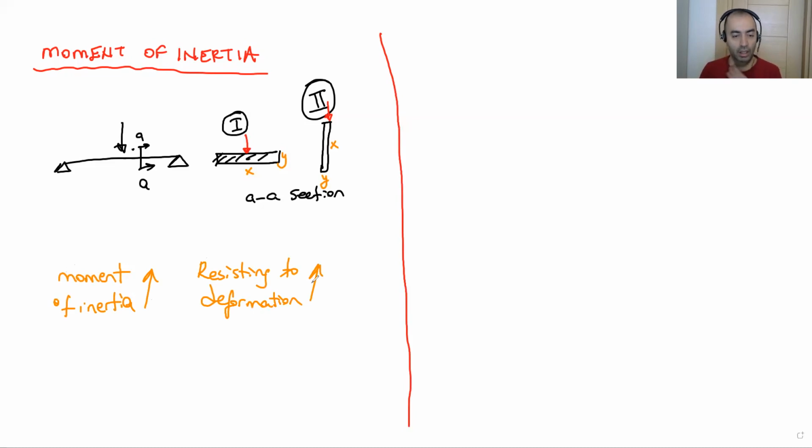Yeah. If our deformation resistance increases, you can use this concept in your structural design. Nobody wants to have really big deformations in their design.